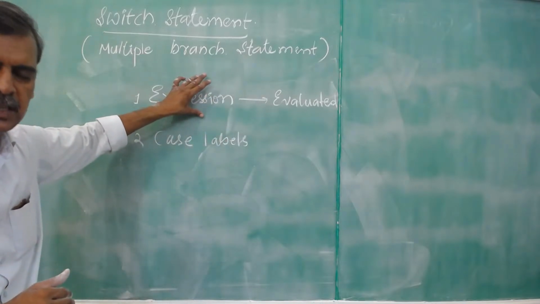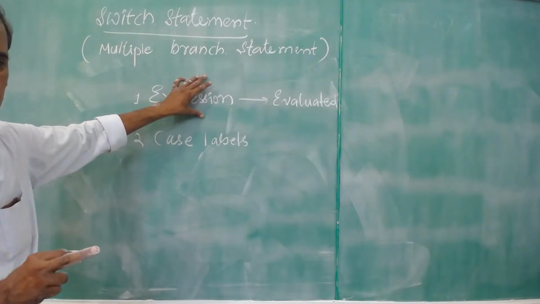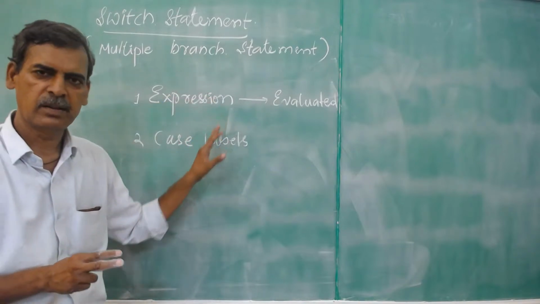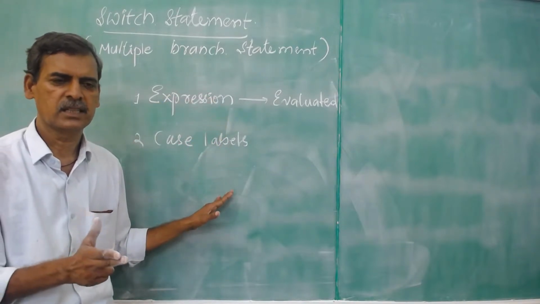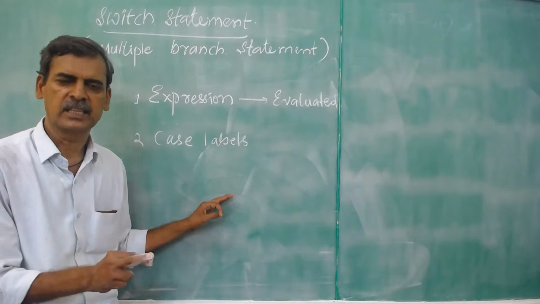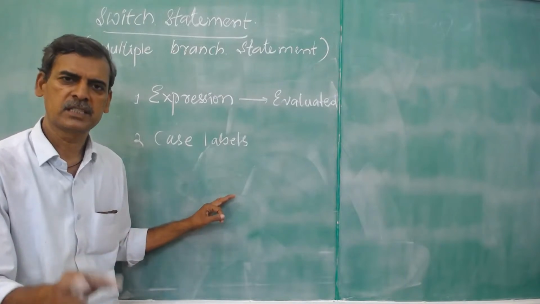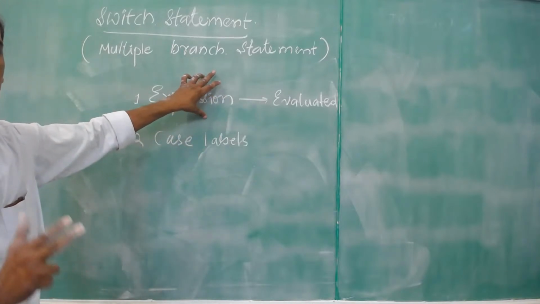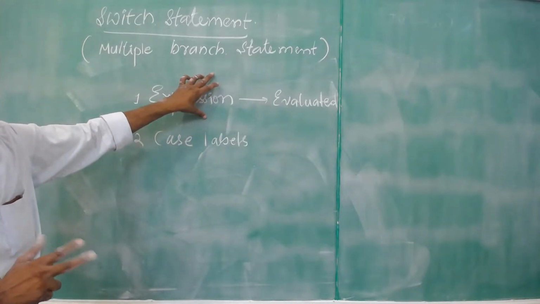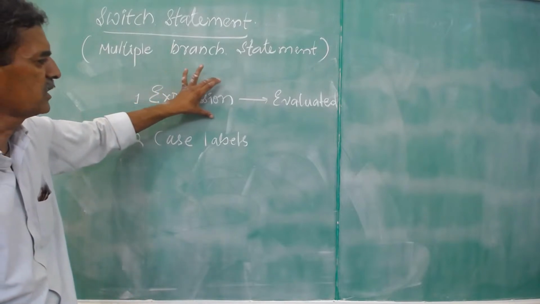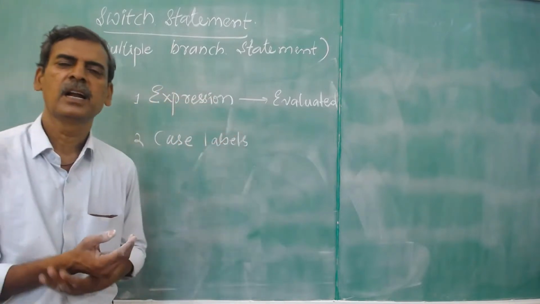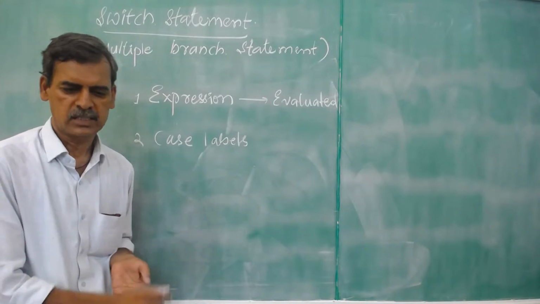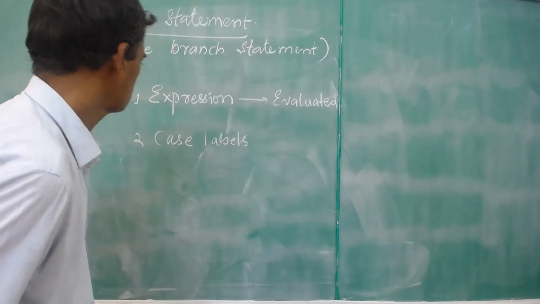If matched with case label 3, then statements in the case label 3 block are executed. So this comparison continues until the last case label. If there is no match between the value of the expression and case labels, then default statement is executed. You can see the syntax for this.